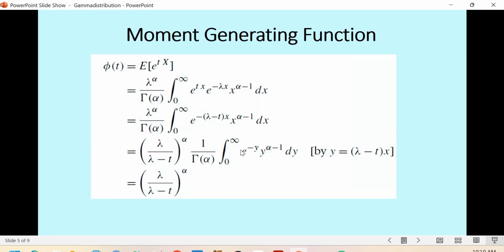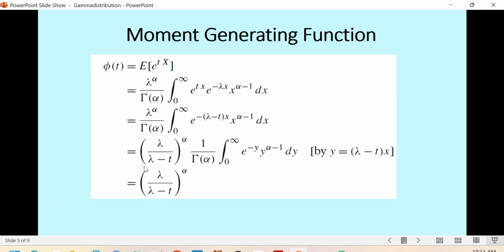If we want to know the gamma distribution in detail, we have to use the moment generating function. The moment generating function is the expectation of e to the power tx. Here t is a scalar variable and x is the random variable. Then we can get phi of t equals lambda divided by lambda minus t, all to the power alpha.